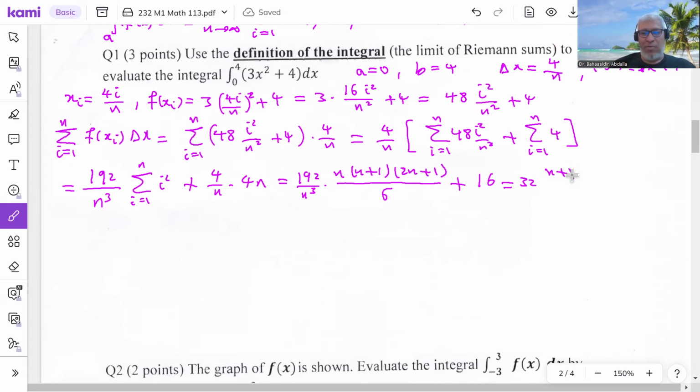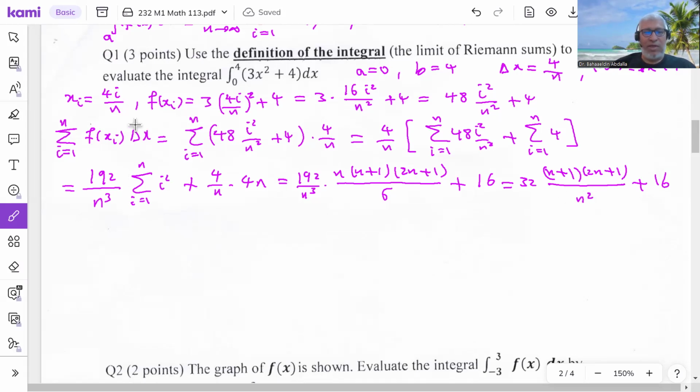So I'll have n plus 1 times 2n plus 1 over n squared, because one of the n cubed I cancelled with n, plus 16. So this is the Riemann sum in simplest form.